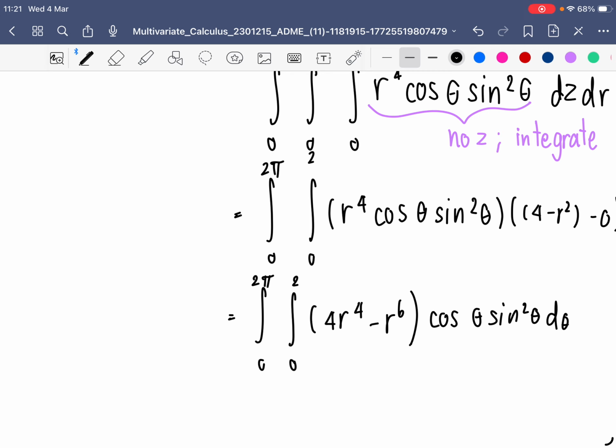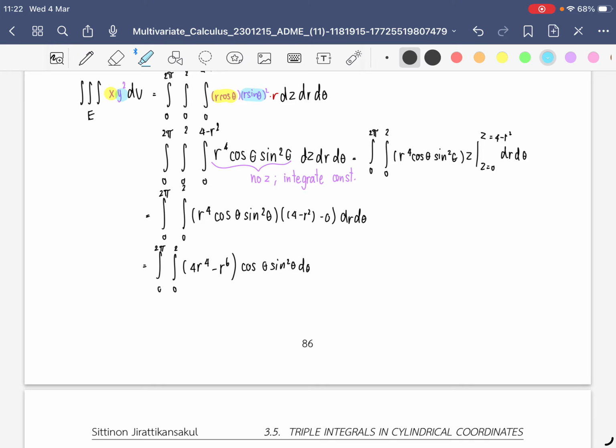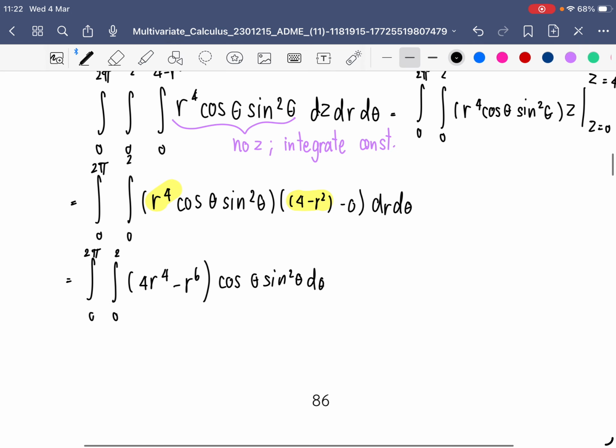So think of theta as a constant. You are going to just integrate 4r to the 4th minus r to the 6th. So 4r to the 5th over 5 minus r to the 7th over 7, from 0 to 2, times cos theta sine squared theta d theta.